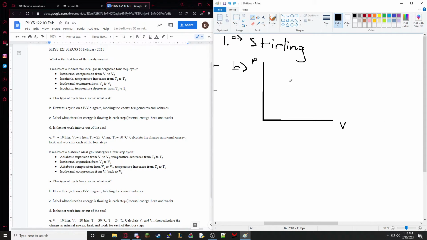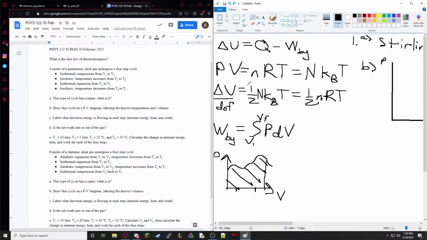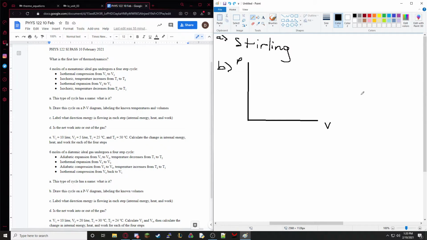So how do we relate pressure and volume if temperature is constant? Think about the ideal gas law. PV equals nRT, and n, R, and T are all constant, so P is equal to nRT over V. So it's going to look like a 1 over x curve.